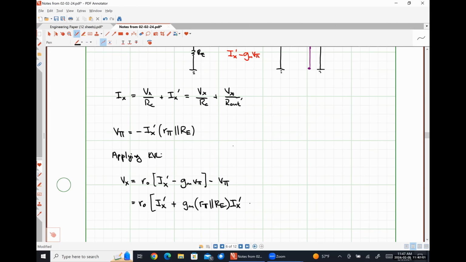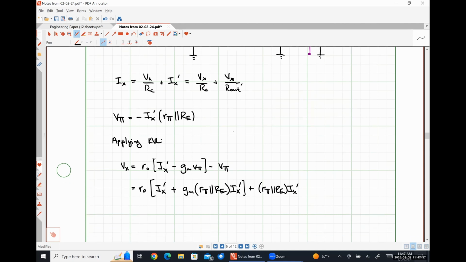Doing that exact same substitution, I'm going to wind up having plus r pi in parallel with RE times Ix prime. Everybody still catching what I'm throwing here? All I've done is substitute this relationship in for V pi here and here. Now, everything on the right-hand side is in terms of Ix prime, right? So I can just factor all that out.